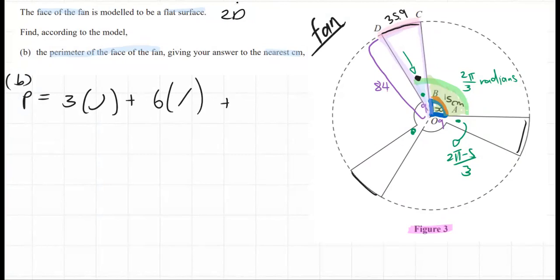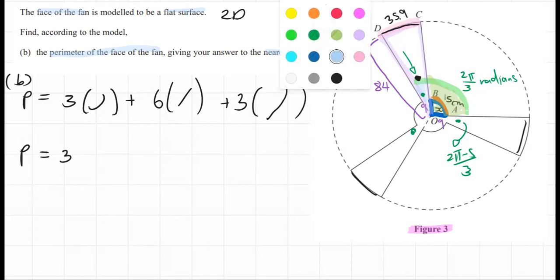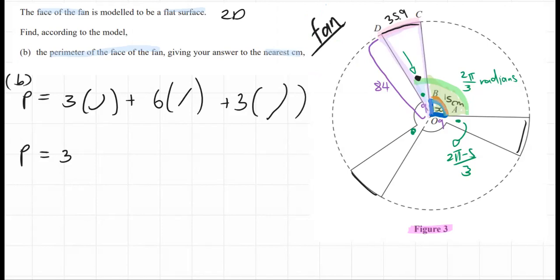So 3 slightly bigger curvy lines. That's what we're getting. So for the perimeter, the small curvy lines were given as 15 centimeters. So 1, 2, 3 are 15 centimeters.